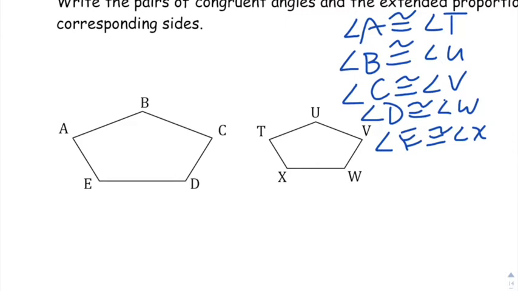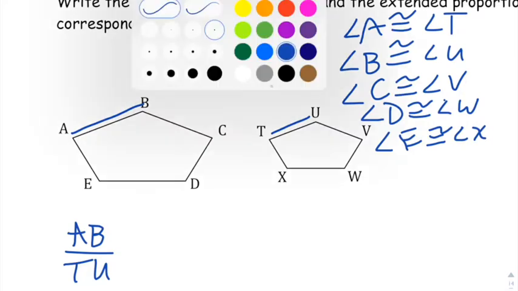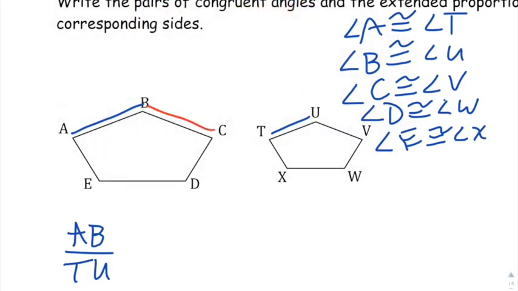So here's what I'm going to do. I'm going to look at side AB. That corresponds with TU. So we have AB and then TU. Other sides that correspond: BC corresponds to UV.